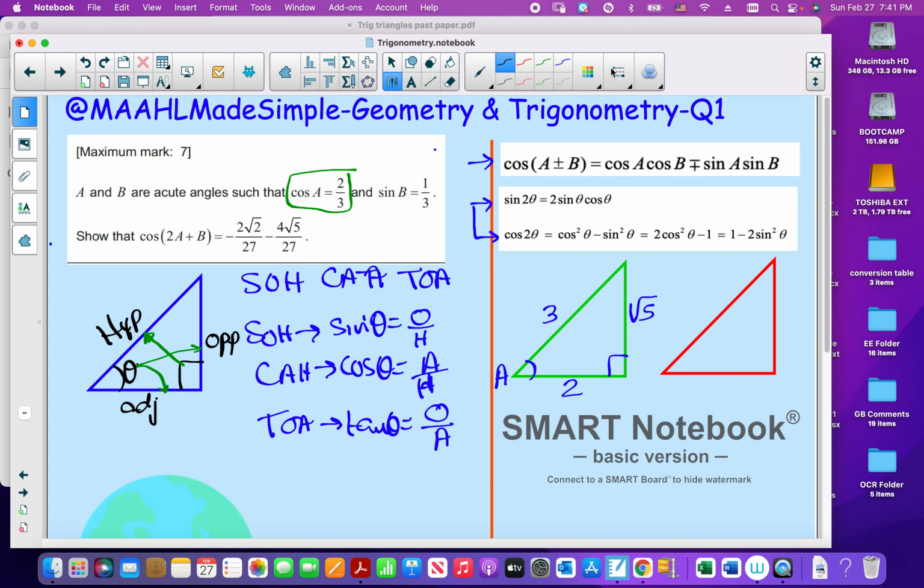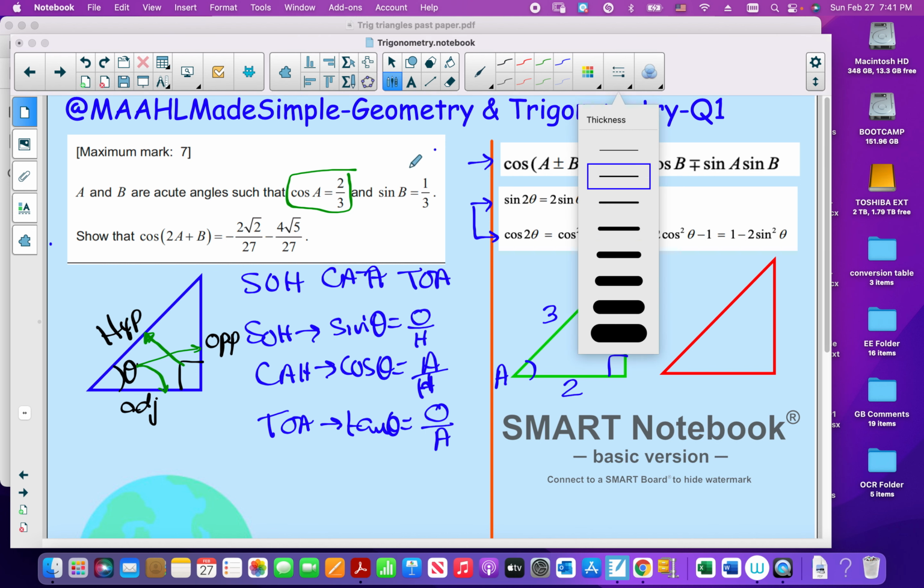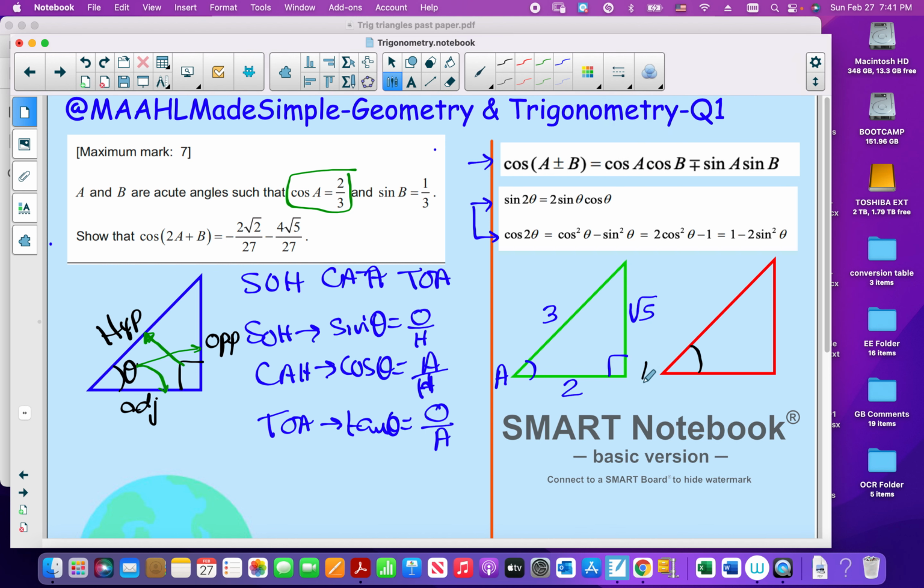Likewise, we were given sine B equal to 1/3. If this is B, sine is opposite over hypotenuse, so that should be my opposite side, that is the hypotenuse. Therefore using Pythagoras this is equal to square root of 8.